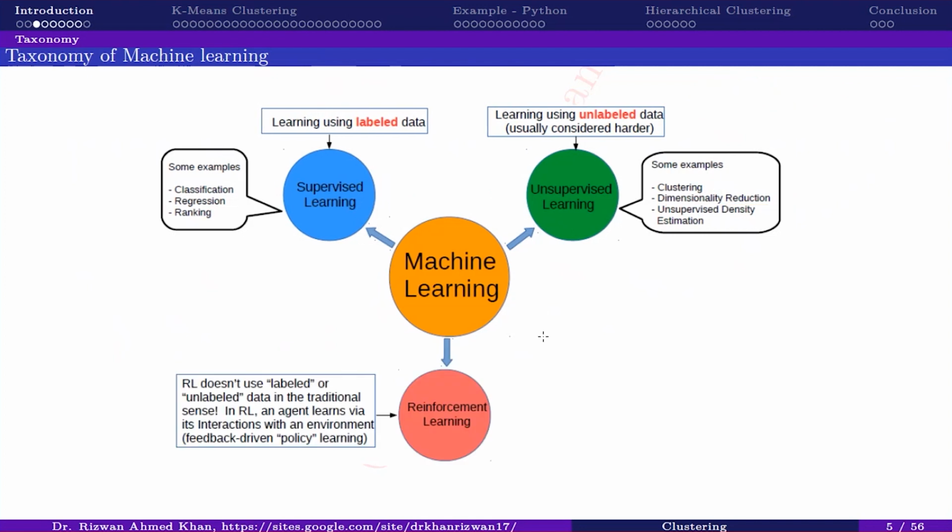And the third major component of machine learning is reinforcement learning. Reinforcement learning is not part of this course, but just for the sake of completeness, it is a bit different from supervised and unsupervised learning, and it deals with a punishment and reward mechanism. Let's say you have a robot or an agent that is interacting with the environment.